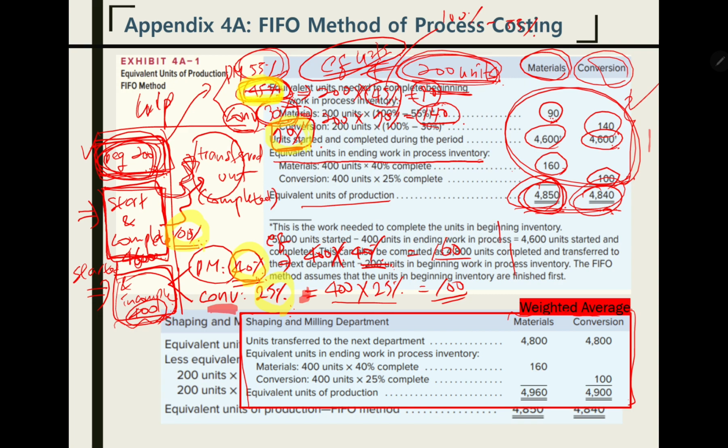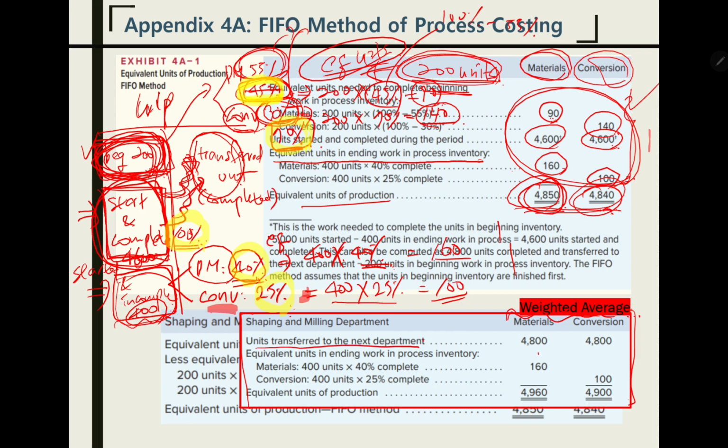We do not exclude this one. So we account for these 200 units and 4,600 units together because they are all transferred out. Okay, we do not trace out the prior period's effort under the weighted average method, right?